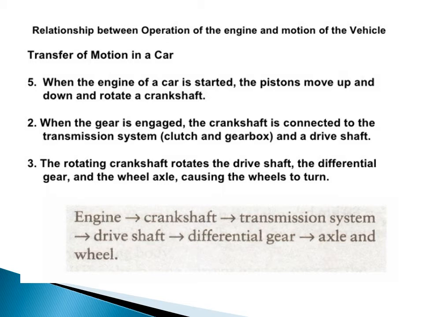So look at the diagram here. The pathway from the engine: when the engine rotates, it also rotates the crankshaft, then transfers through the transmission system into the drive shaft, then goes to the differential gear, and the wheel will rotate or turn.